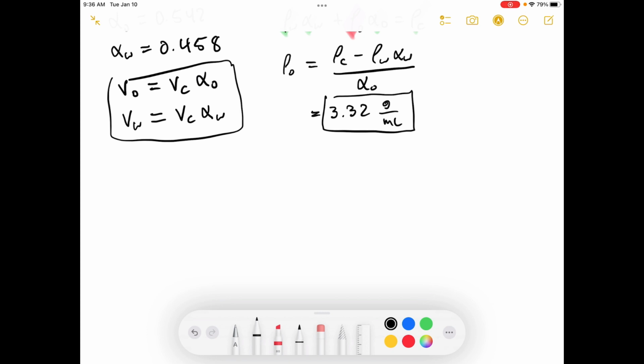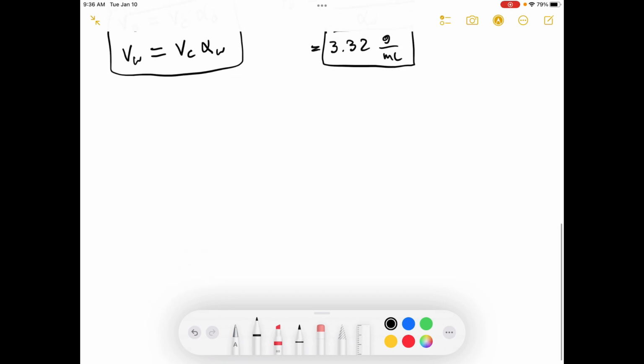Okay, so now the next part in this experiment, we're kind of doing the density calculation backwards. We have an empty flask, we add a certain volume of lubricating oil, and then we have to figure out what it would weigh in the second weighing.